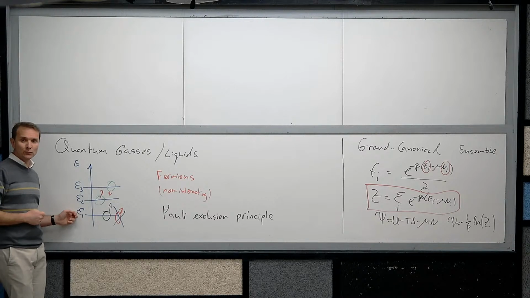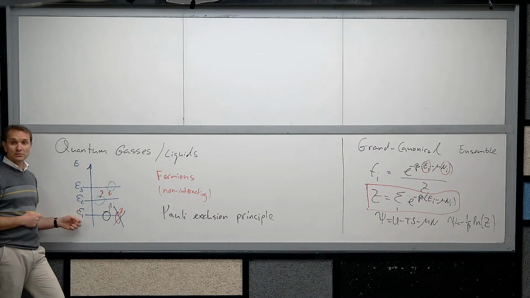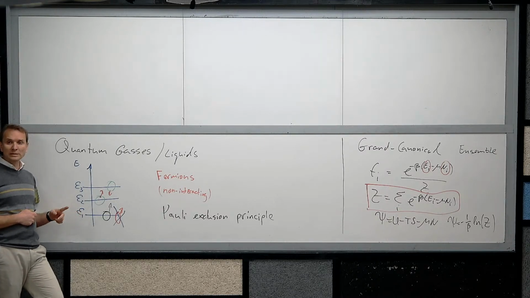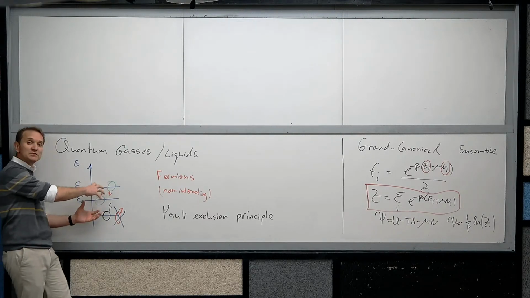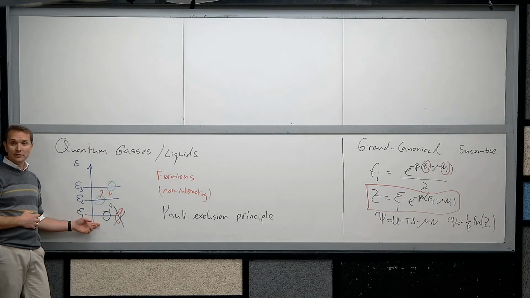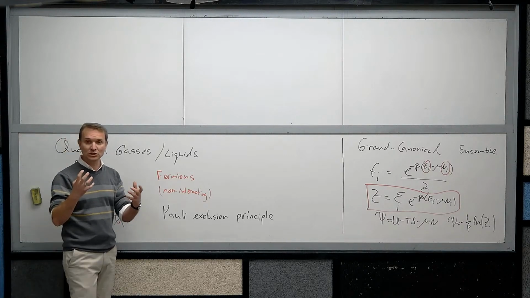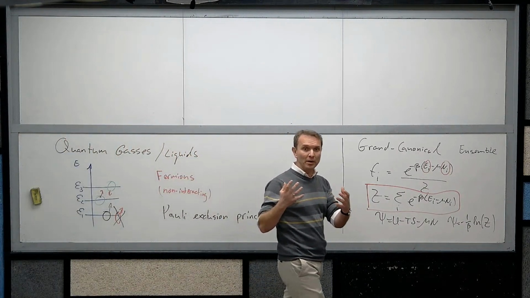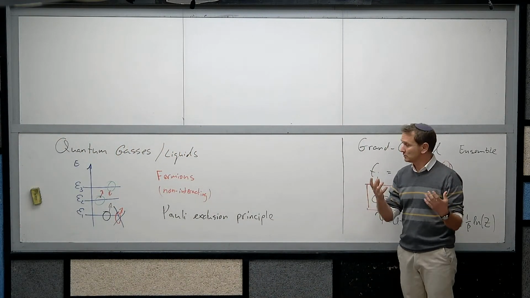But this is not the case for fermions, right? Because the fermions always affect each other. The moment I have one single particle sitting in one specific place, no other particle can occupy this exact state. This means that the particles are always affecting each other, and I cannot treat them as independent quantities, right?